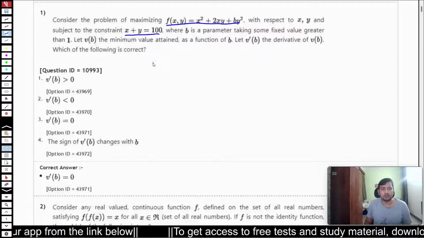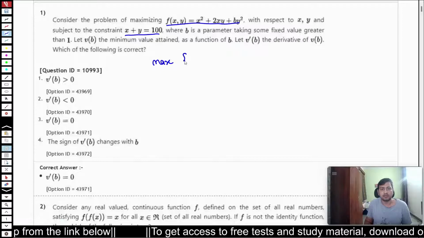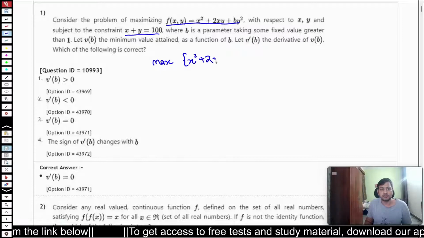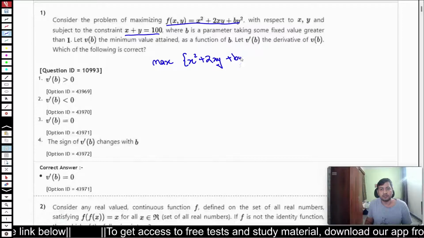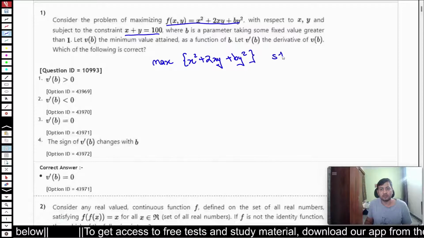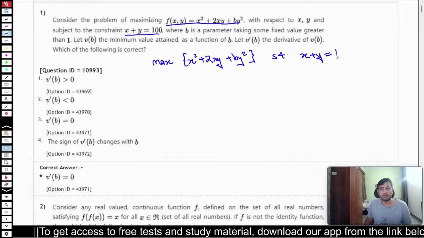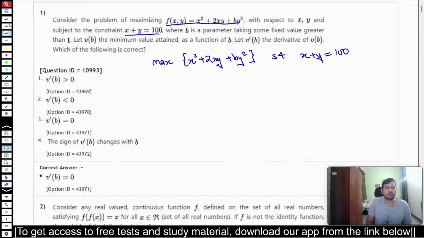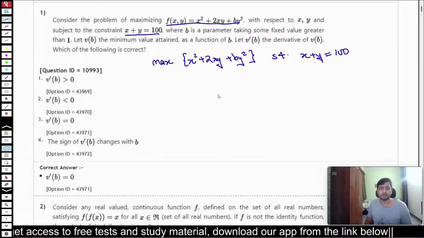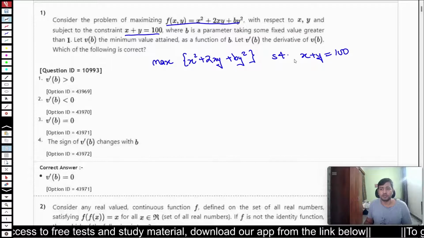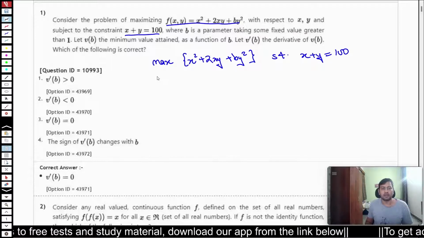So we have to maximize x square plus 2bxy plus by square, subject to x plus y equals 100. The best way to do this maximization is using Lagrangian. I know how Lagrangian works.